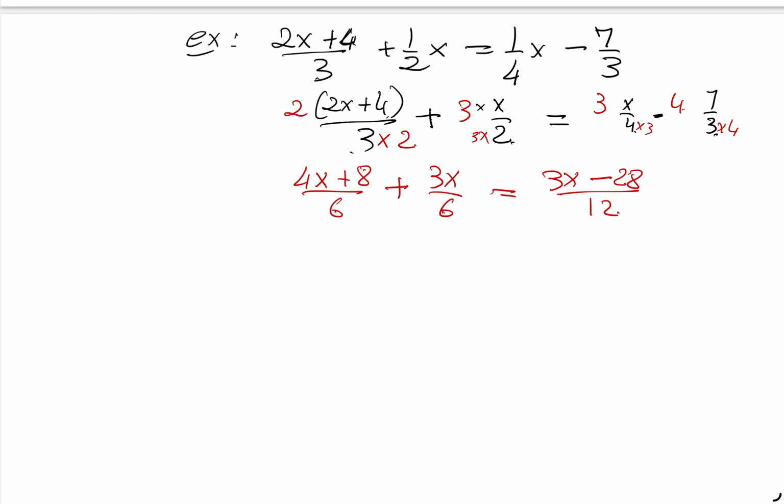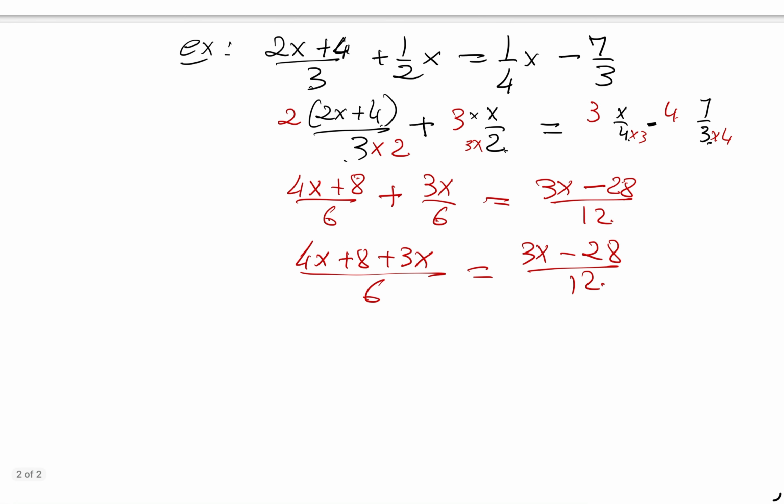So you can say (4x + 8 + 3x)/6 = (3x - 28)/12. Our goal here is to cancel out, to get rid of the denominator.